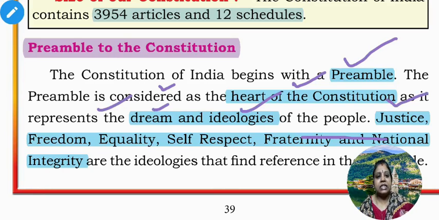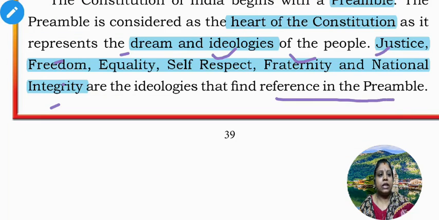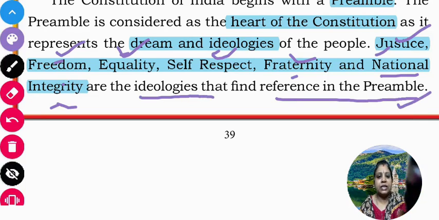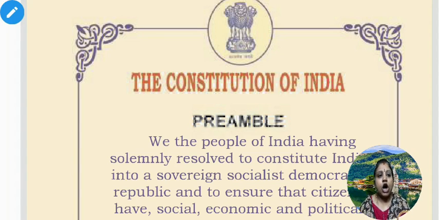Justice, freedom, equality, self-respect, fraternity (which means friendly relationship), and national integrity are the ideologies that find reference in the preamble. Please remember these points, children. Let us start discussing the Constitution of India in that preamble.